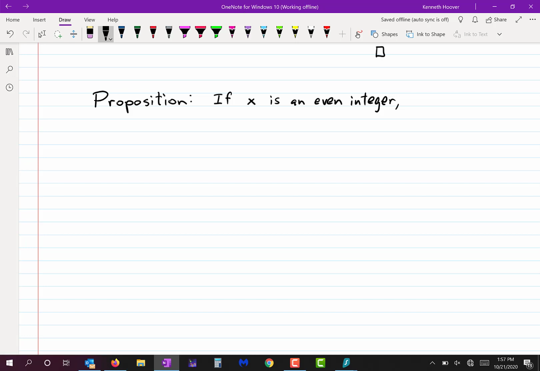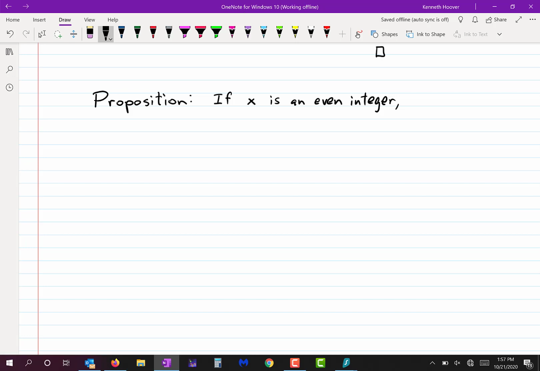then, by the way, before I go any further, just so you know, when we use the word even and odd, those words only apply to integers. So I could say if x is even, that would be okay. That means the word even means even integer when you see it. You don't have to say even integer. You can just say even, because that includes the fact that it's an integer.